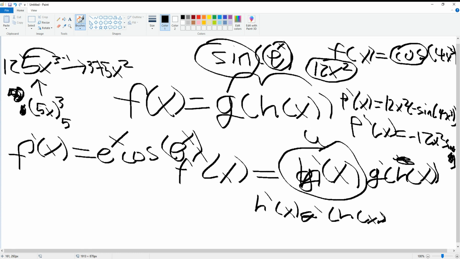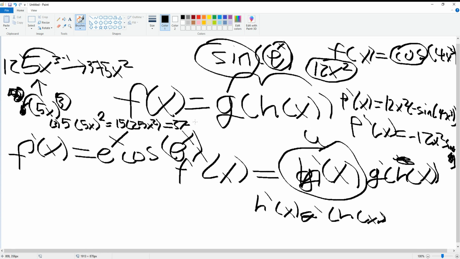So it's going to be 5, this is the correction factor, just 5. There's no function here except there's a power here. So that's really our function. It's taking 5x and cubing it. So now what we're going to do, the inside stays the same, but we have a 2 here instead, and we bring down a 3 right here. So we have 3 times 5 times 5x squared, which is equal to 15 times 25x squared, which is equal to 375x squared.